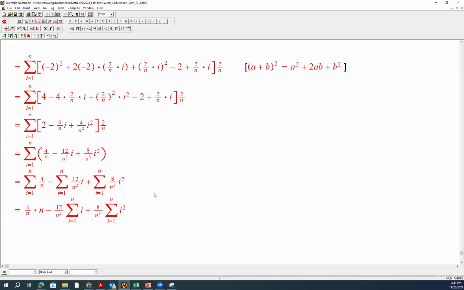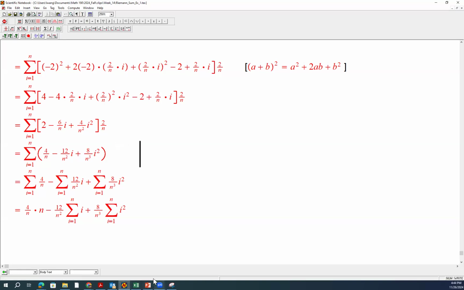We can process it even further. On the first summation, we can distribute it, and these properties about summation you have in your index card. Let me quickly remind you.